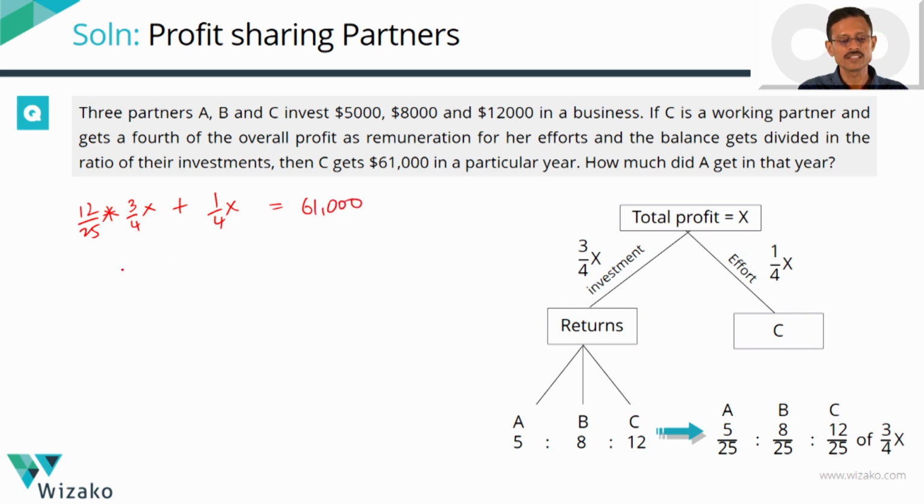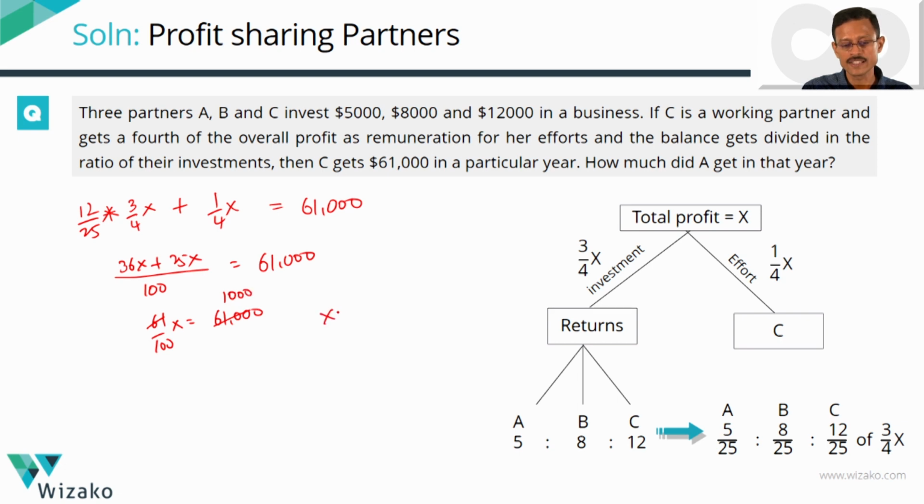One equation, one variable. Let's solve this. 100 is a common denominator. So 12 into 3, 36x plus 25x is equal to 61,000. 61/100x is equal to $61,000. 61 cancels with it as 1,000. So we get the value of X is equal to 100,000.